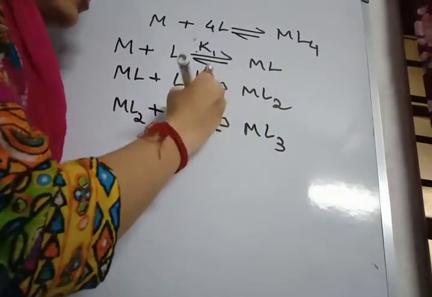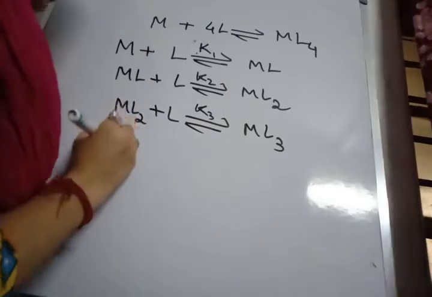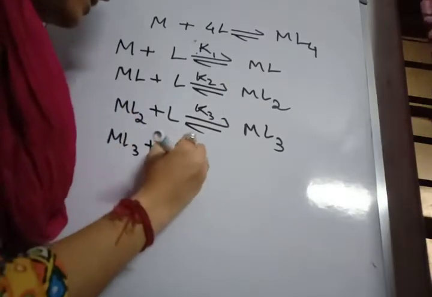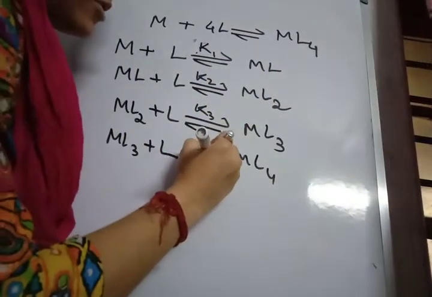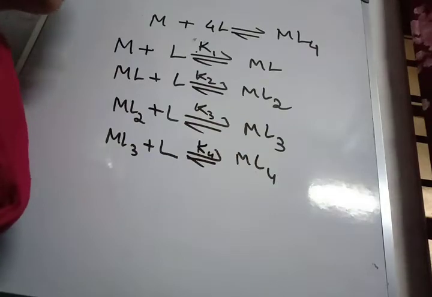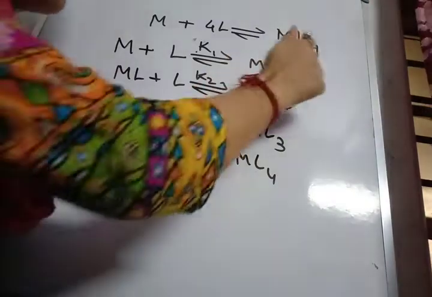This is your K2, this is K3. Last one is ML3 plus L will give ML4. This is my final complex. So these 4 steps have to be included. This is your K4. Now K1, K2, K3 and K4, they are the stepwise stability constants of this complex.